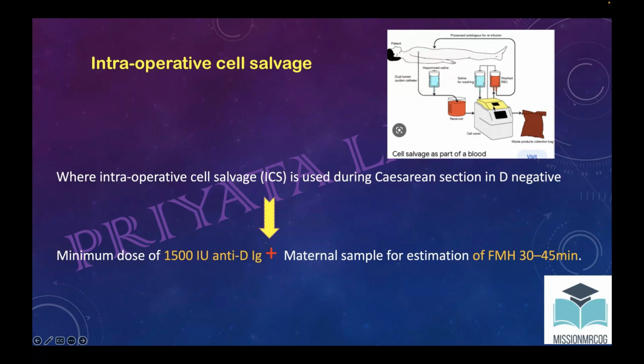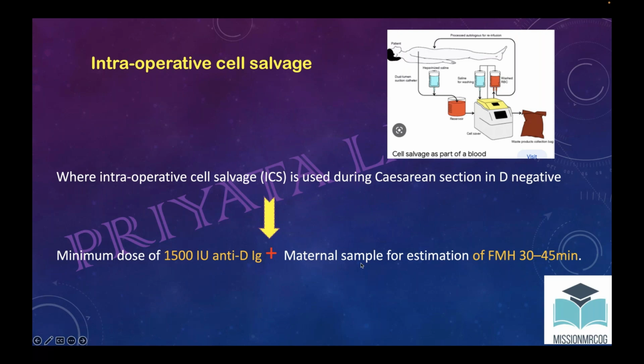In that situation, there could be a possibility of contamination, so a high dose would be required. The minimum dose they are giving is 1500 international units. But to find out whether more is required, they are doing maternal sample testing for FMH within 30 to 45 minutes.